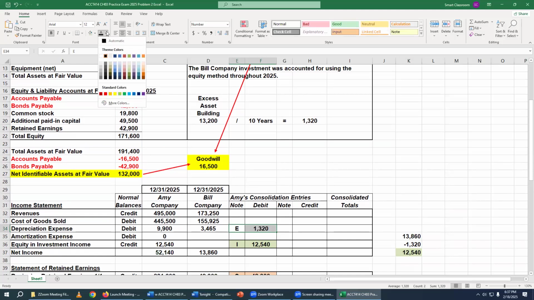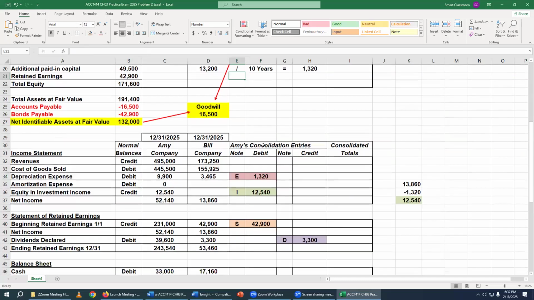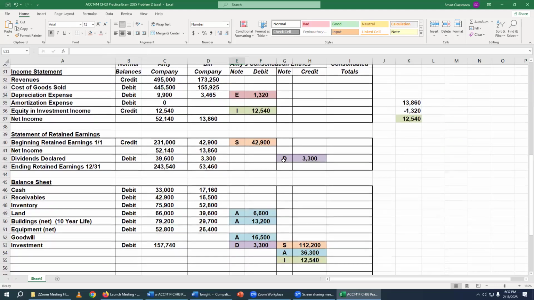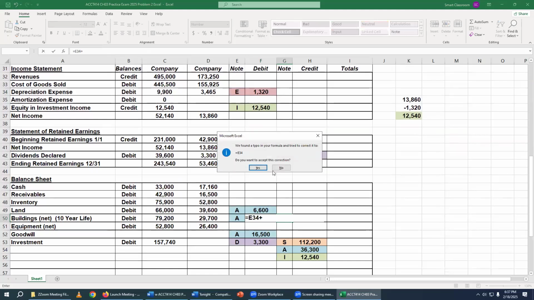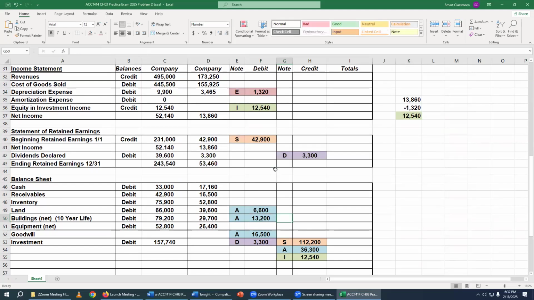And let's make that red. Oopsie daisy. Red, there we go. And we'll come down here, and this will actually decrease our building by, okay.